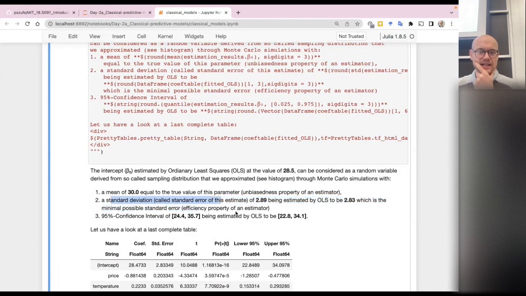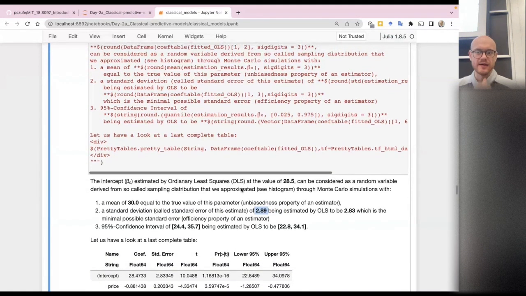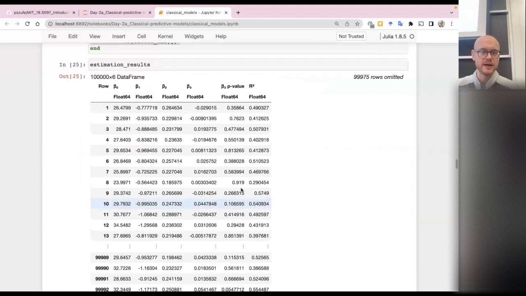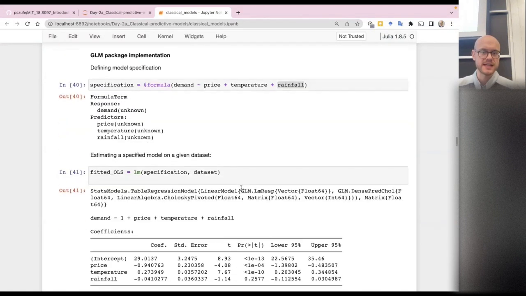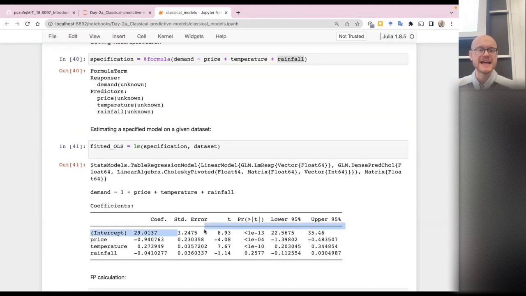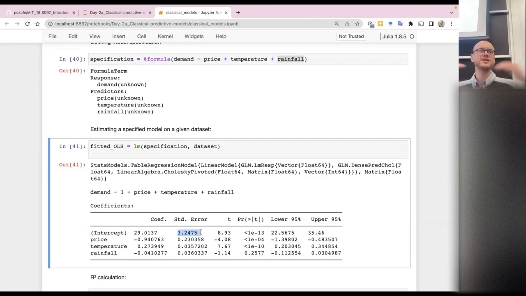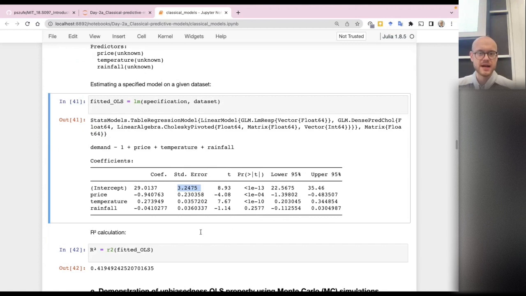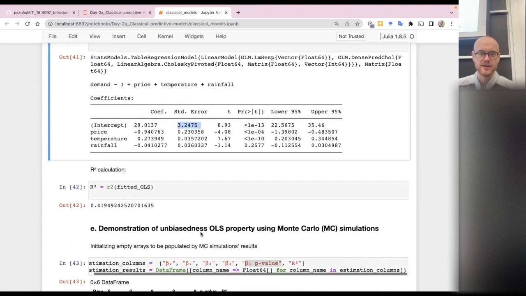The second thing is the standard deviation of this sampling distribution, and it was also estimated. The standard error is an estimate of the standard deviation of the sampling distribution, but it is itself an estimate, so it also has its own error.